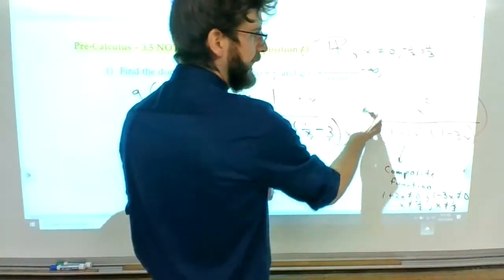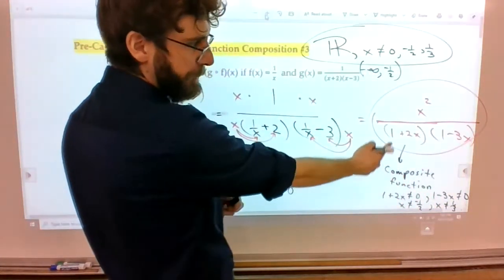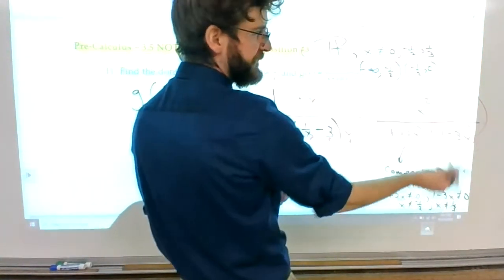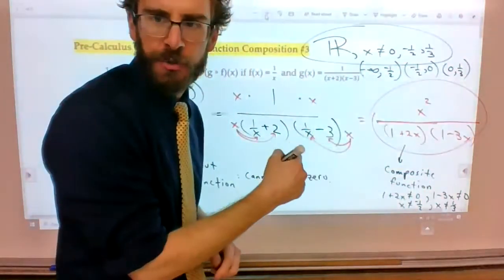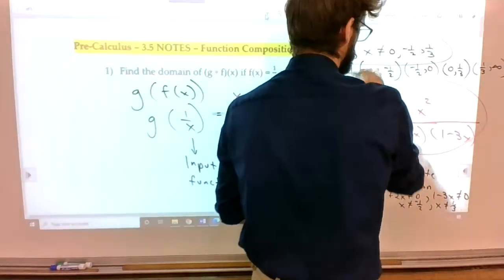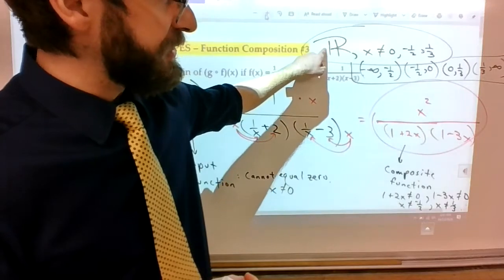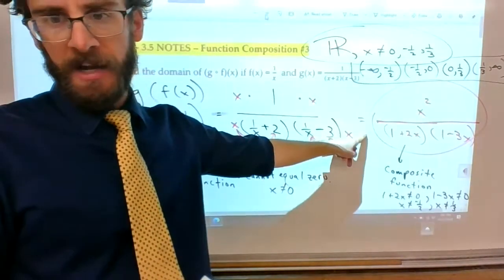Negative infinity, pit stop at negative 1/2, parentheses, because it's in the bottom part of a fraction. Negative 1/2 to 0, another pit stop. 0 to 1/3, another pit stop, and then you go a third to infinity. So that's one way to express the domain, interval notation, and then here's the composite function itself.